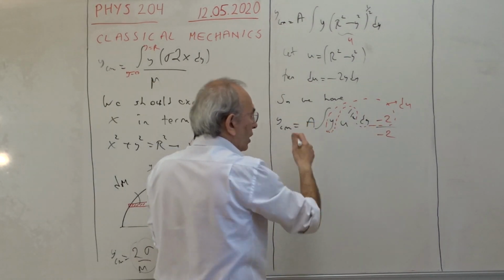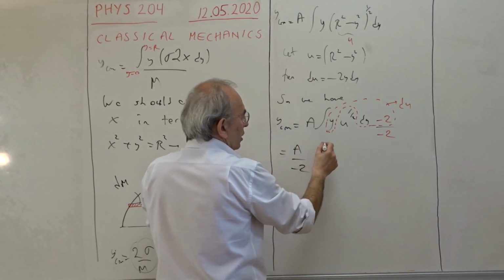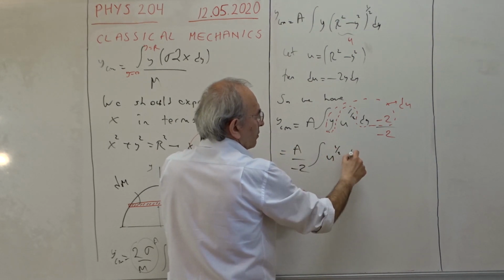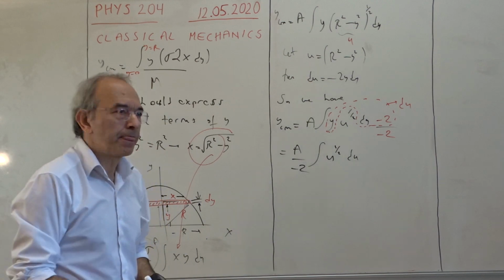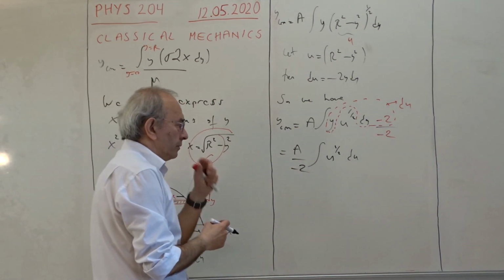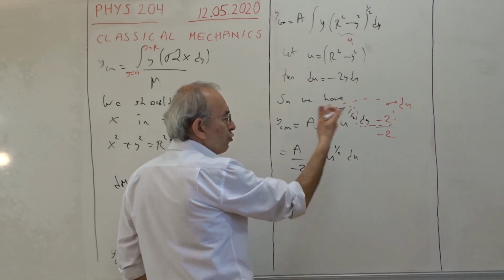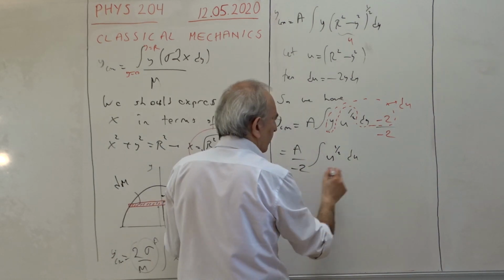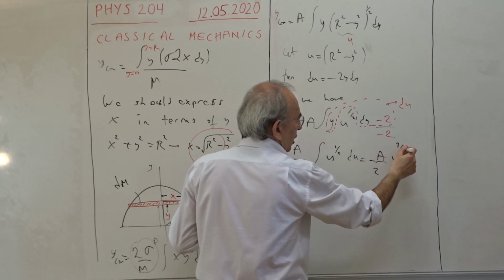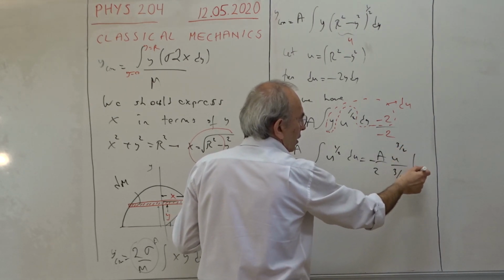So let's take minus 2 outside. We had an A divided by minus 2. Inside the integral we have u to the 1/2 times du. And we know what this will be at the end of integration. So that our new variable u becomes minus A over 2 times u to the 3/2 divided by 3/2. And the limits will be put here.